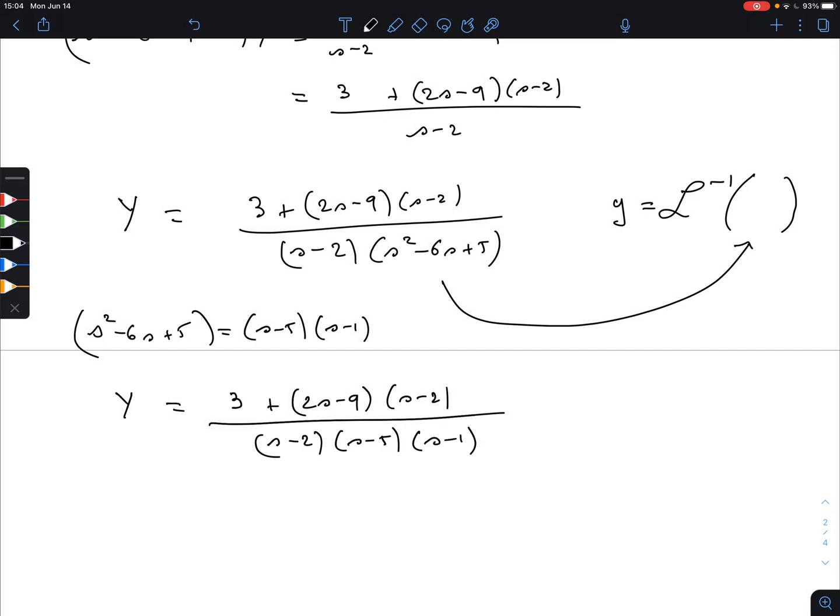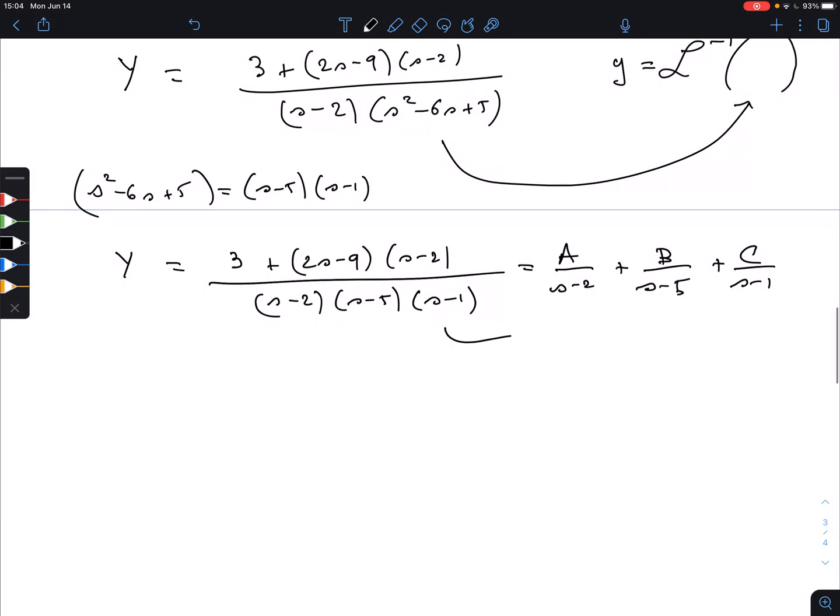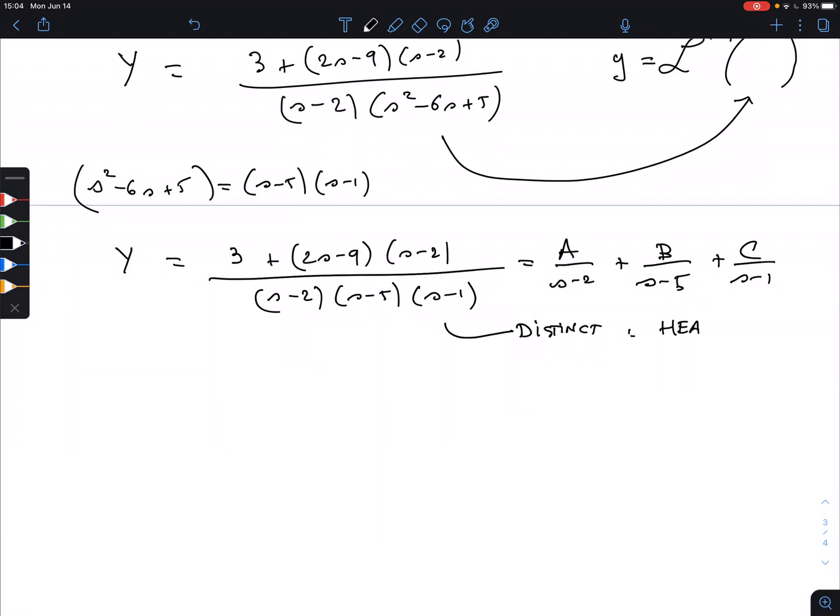It doesn't matter in which order I write this. We need to write this as a times s minus 2 plus b times s minus 5 plus c times s minus 1. We know that the a, b, and c are possible, and since the roots are all distinct, luckily we can use the Heaviside method to calculate these numbers very quickly.